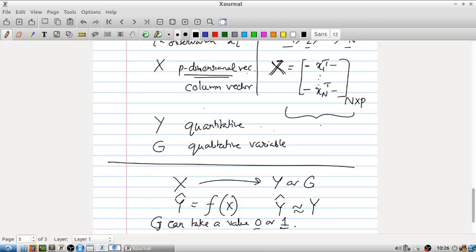Even if I assign these two numbers 0 and 1, if I want to use Y for G, maybe I have to think about an order relationship between these two. When something is a quantitative variable, there's going to be an order relationship. Like if some quantity takes a value 5 and another value is 10, 5 is less than 10.